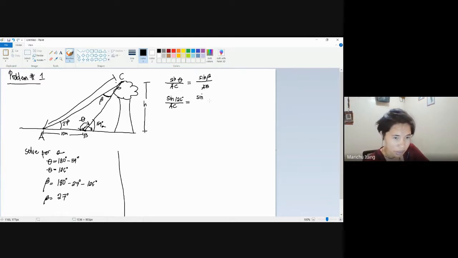So what is beta? 27, and AB is 10 meters. So therefore, AC is equal to sine 126 degrees times 10 meters over sine 27. Can you solve AC now?